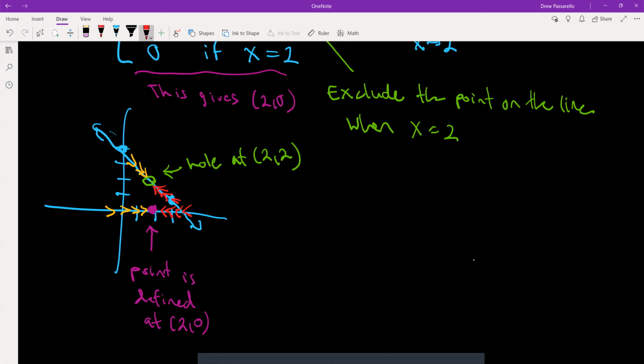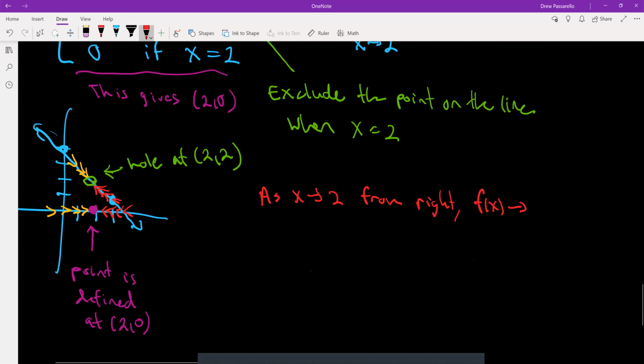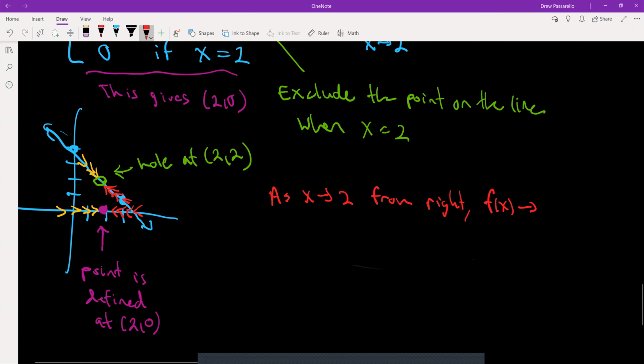So as x approaches 2 from the right, because the graph is mainly this entire line minus that hole, the y coordinates that are on the line are approaching the y coordinate of the hole, which is 2.